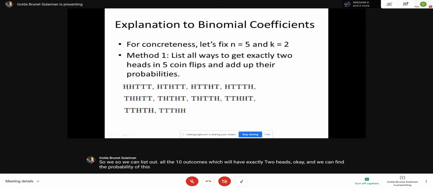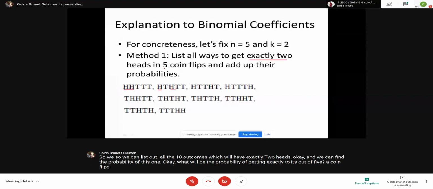What will be the probability of getting exactly two heads out of five coin flips? What is the probability that we get exactly two heads in five coin flips?